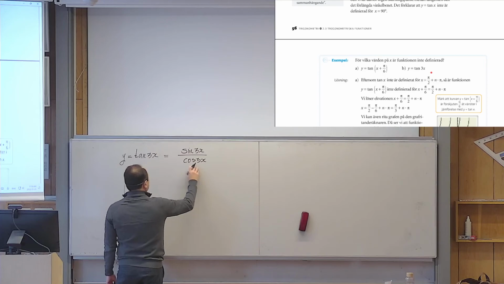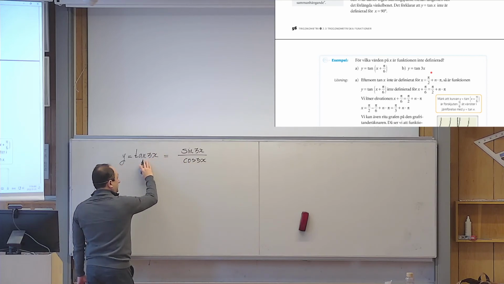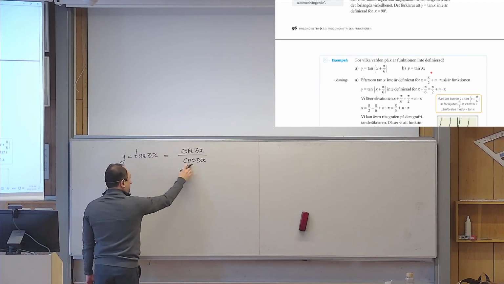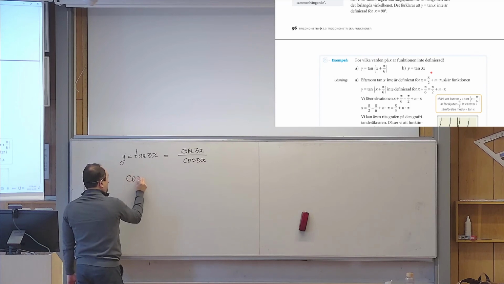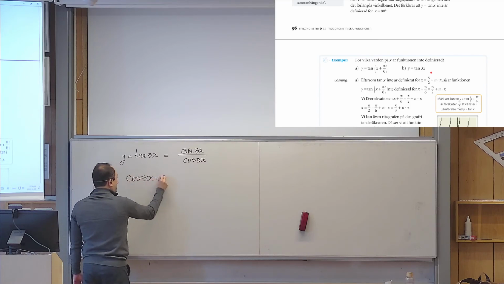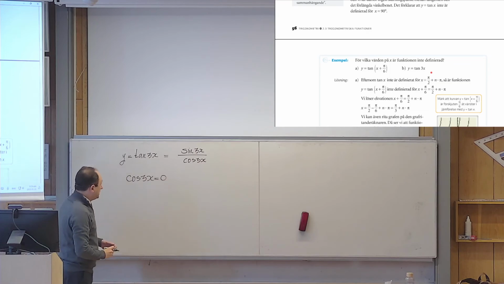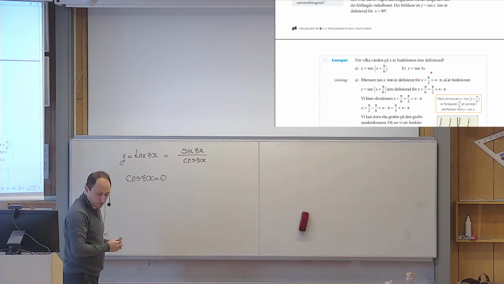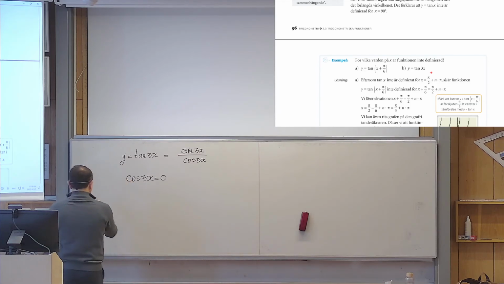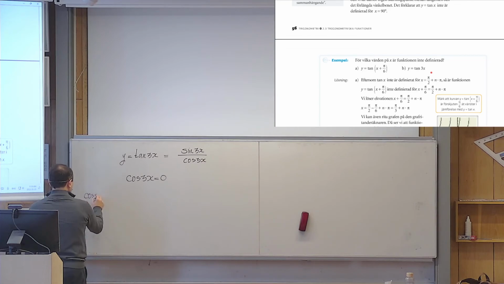But then you say that this tangent is not defined if and only if the denominator vanishes. So this means that you put this to 0. It means that if this is happening, this is not defined. And then I remind you about the formulas that we had. So if we have cosine of a box equals 0, what is inside the box?